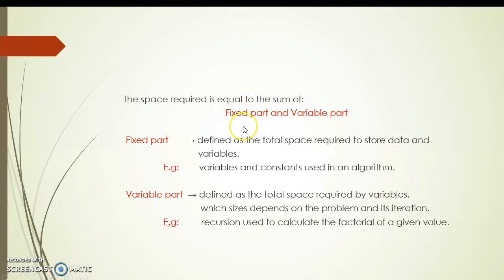For example, if we declare int a, how much memory space is required for variable a? Int means we require 2 bytes of memory in Turbo C++. In Dev C++ we require 4 bytes of memory. That is, the memory space is fixed. If you declare int a, the memory space is fixed only.